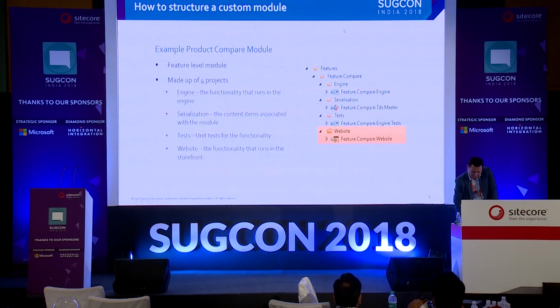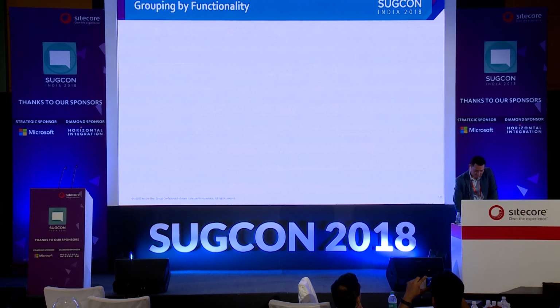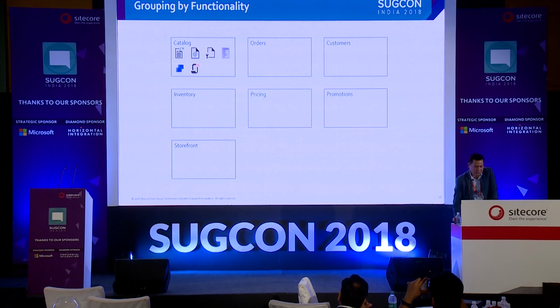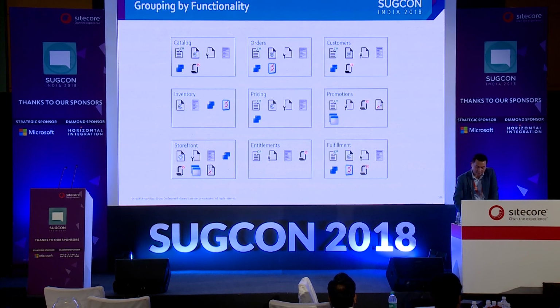Going back to this slide, your plugin features also lie on your feature module. So how it sums up is grouping them by functionality, right? Your catalog will have all the catalog assets, your C# codes, your CSHTMLs, and so on, same as the other modules. So even the engine codes will lie in the same feature folders.